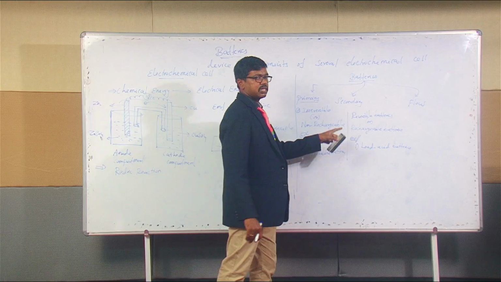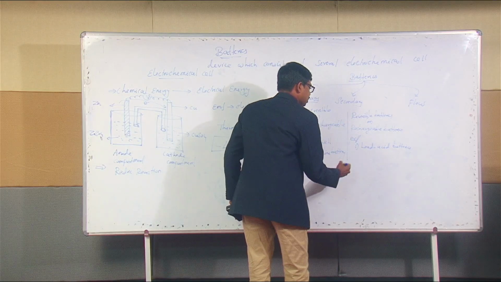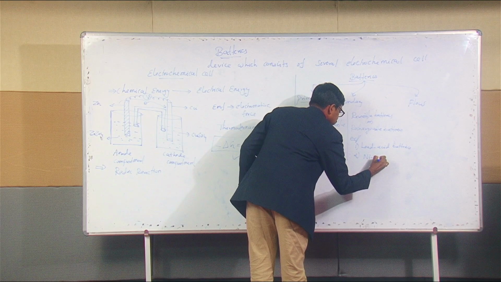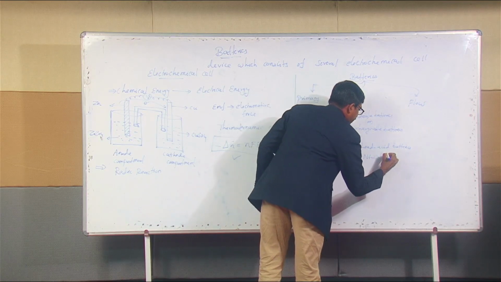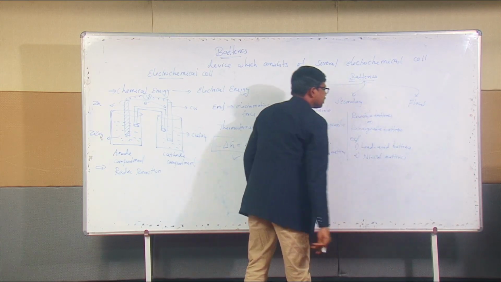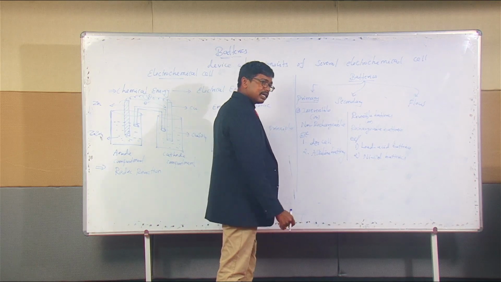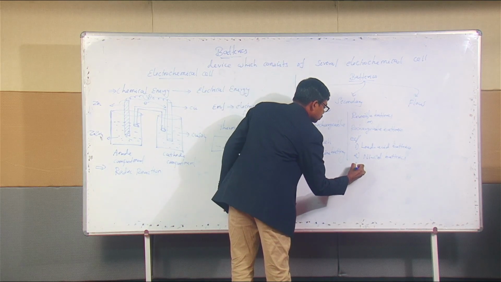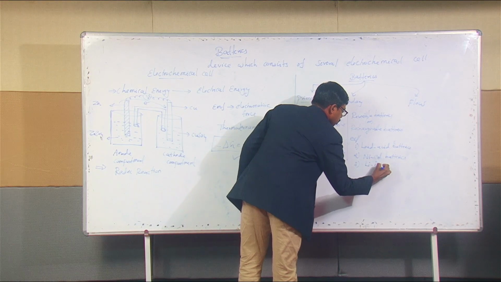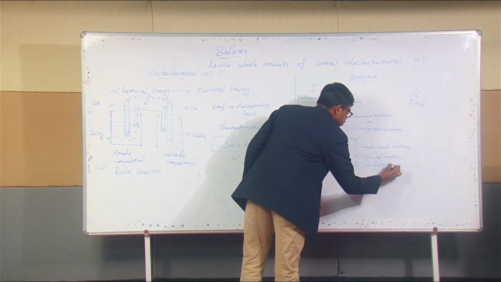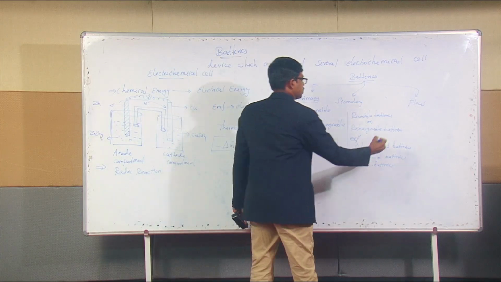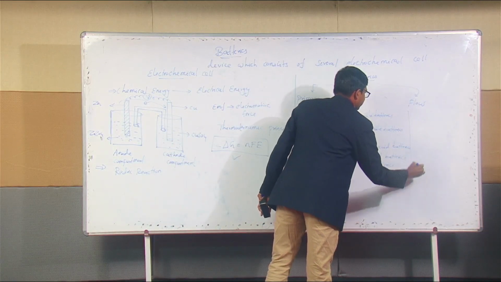It is one type of rechargeable battery. The second one is the nickel cadmium battery, which is also a type of secondary battery and can be recharged. The third one is the lithium battery, which is mostly used in all mobile phones. Then the third type is the flow battery.